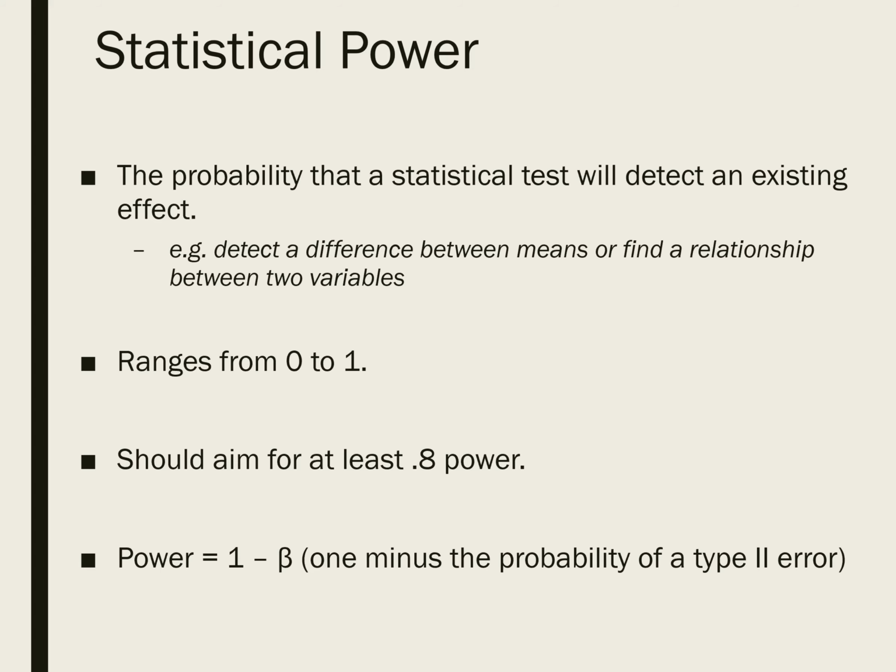So statistical power is very important for researchers. They generally want to design studies so that they have a sufficient amount of statistical power to be able to detect something if it is there, to be able to reject the null if the null hypothesis should be rejected.